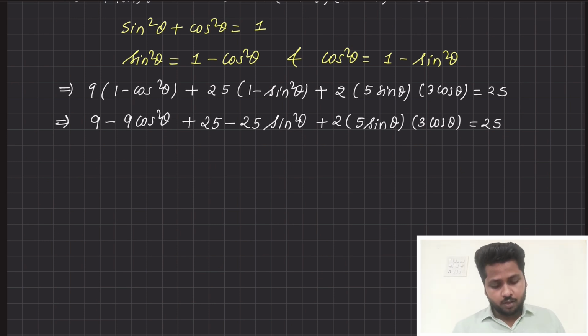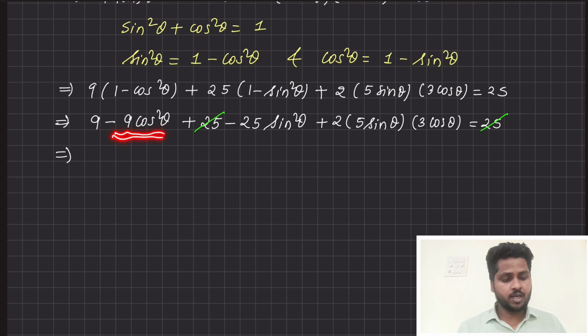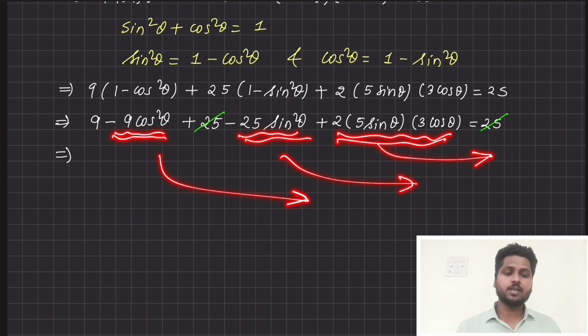Now I can see these two 25 and 25 are both the same, so we can cancel them, and the rest, like 9 cos square theta and 25 sin square theta, we can shift to the right hand side.